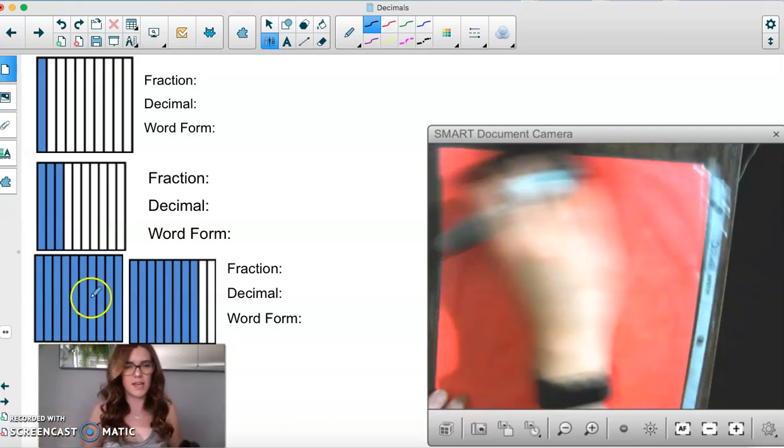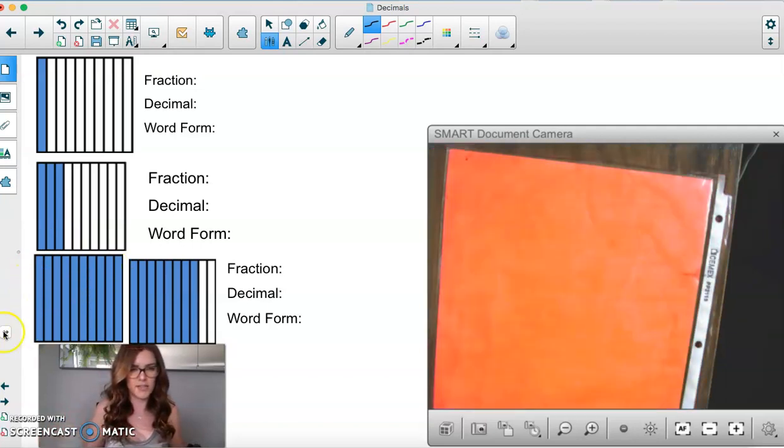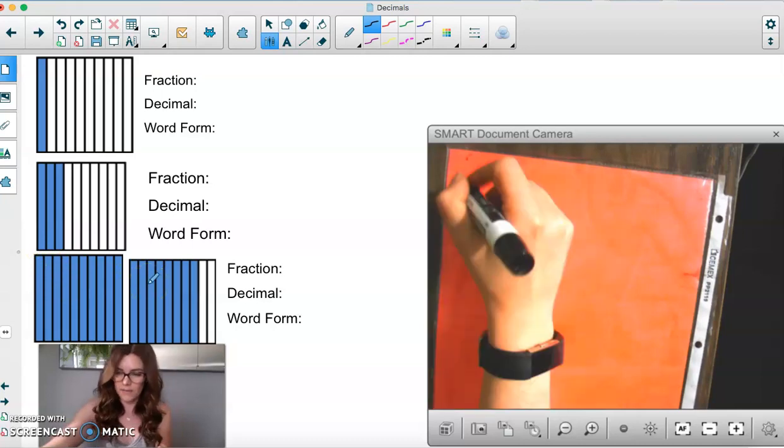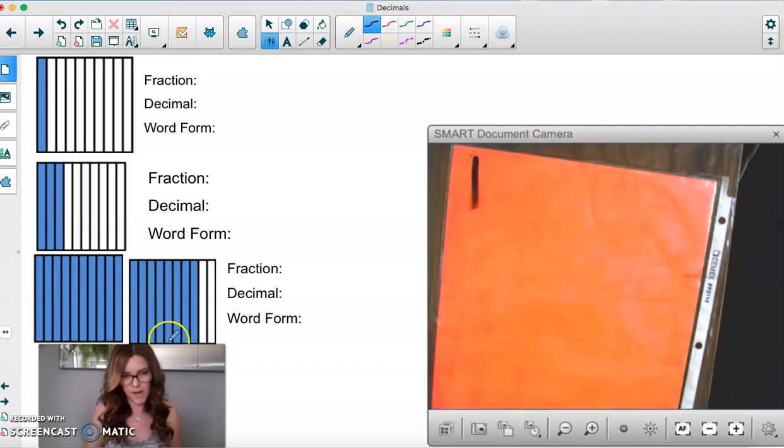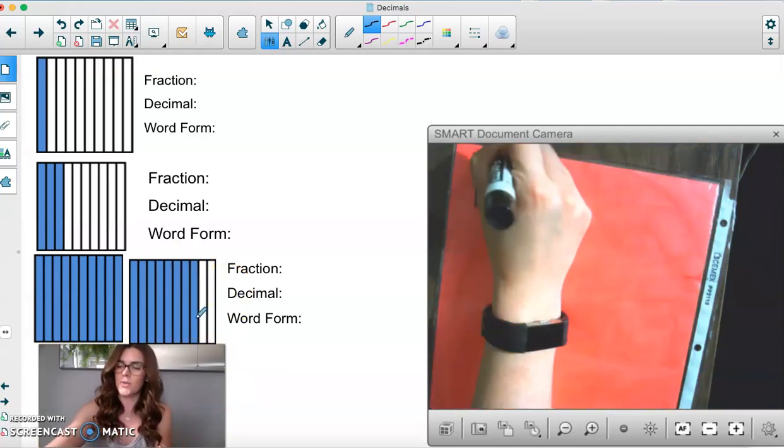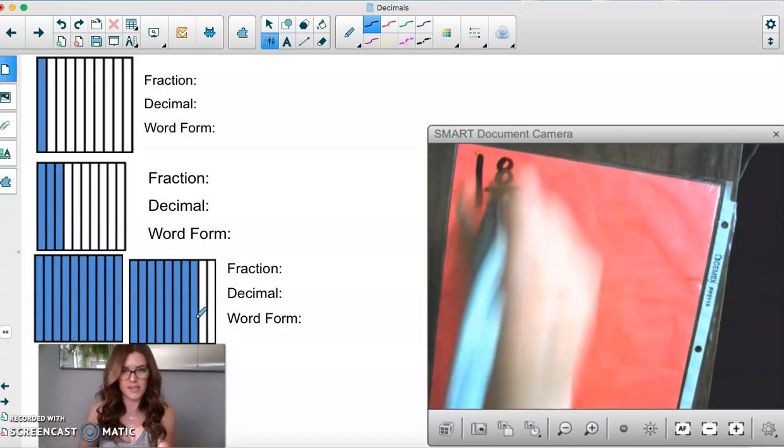This one has a whole colored in. So when we're writing this fraction, we need to put 1 for our whole, then the fraction of our second part, and we have 8 of the 10 colored in. So it's going to be 1 and 8/10.